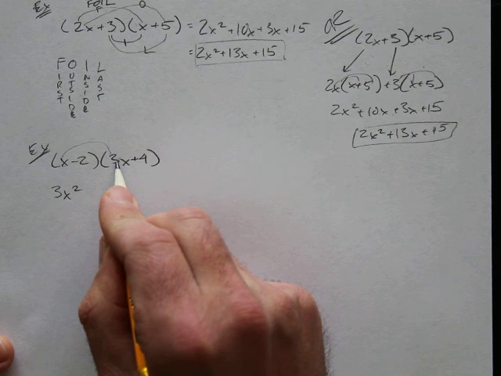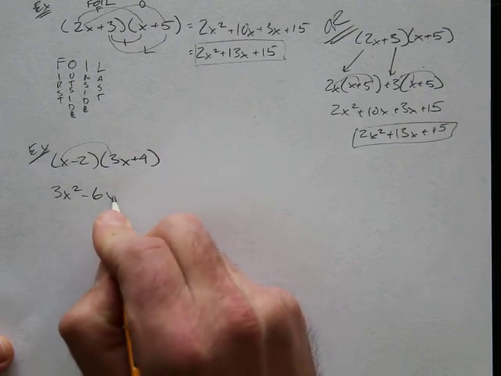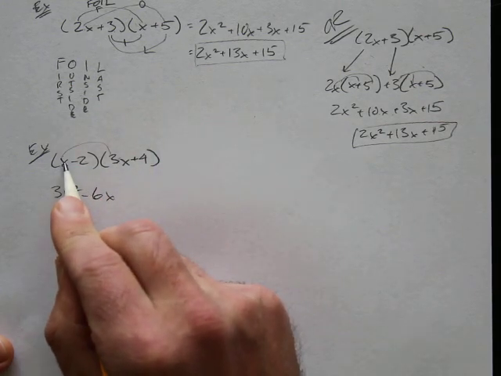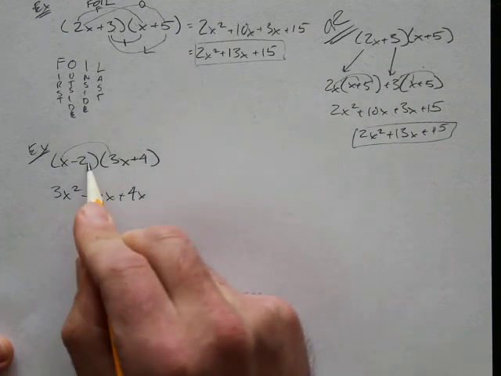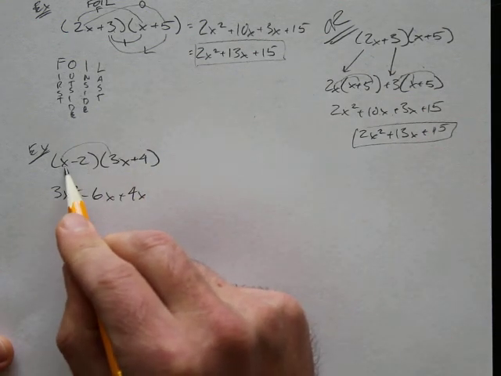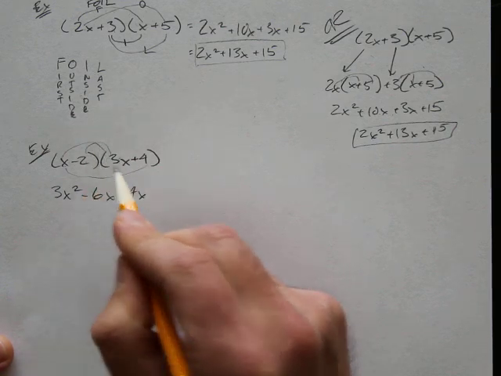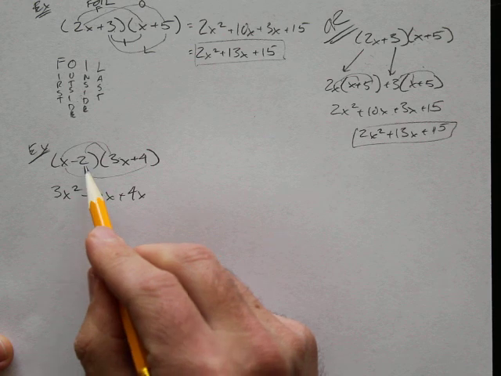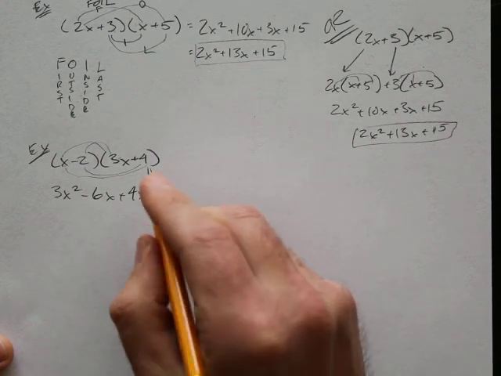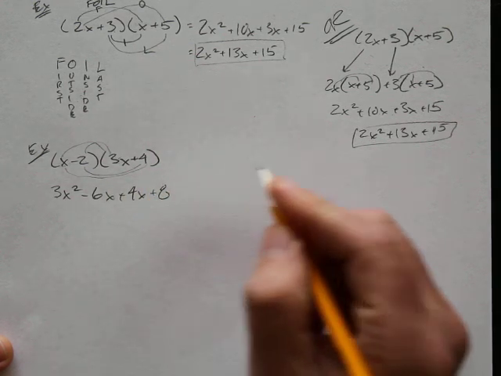Negative 2 times 3x is negative 6x, and then x times 4, that's 4x. And then all I have left here, if you draw the lines, then you can see what you have left, is negative 2 times 4, negative 8.